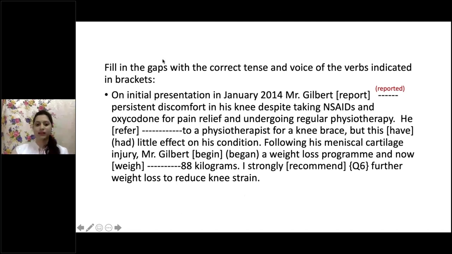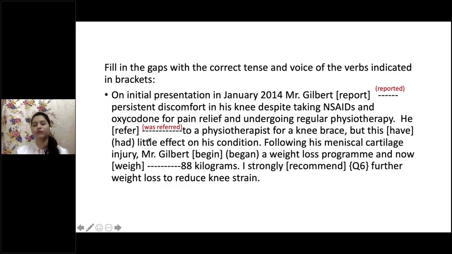So this whole paragraph, first of all, is in past tense. So it becomes: on initial presentation in January 2014, Mr. Gilbert reported persistent discomfort in his knee despite taking NSAIDs and oxycodone for pain relief and undergoing regular physiotherapy.